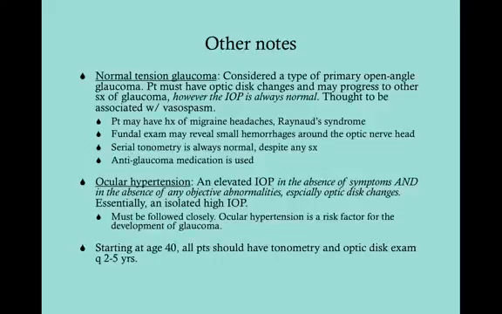The recommendation from the AOA is to start at age 40, and at that point, all patients should have a tonometry and optic disc exam every 2 to 5 years. And you would want to do that more frequently in patients who have diabetes and in patients who are on chronic steroid use.